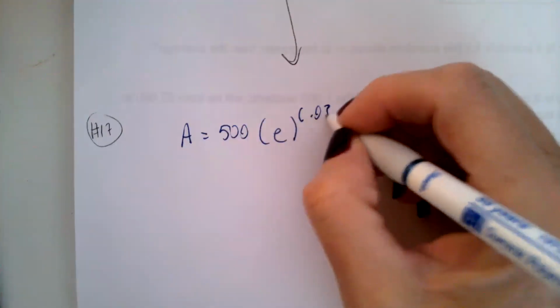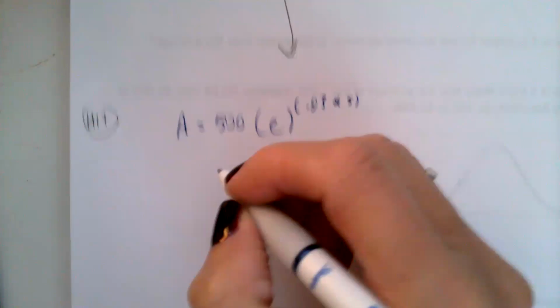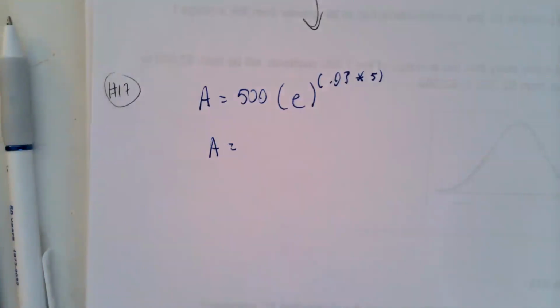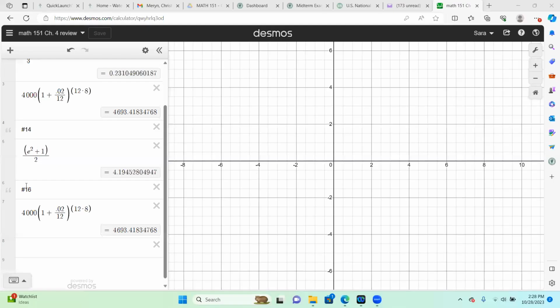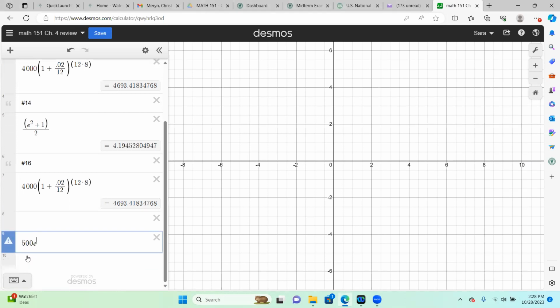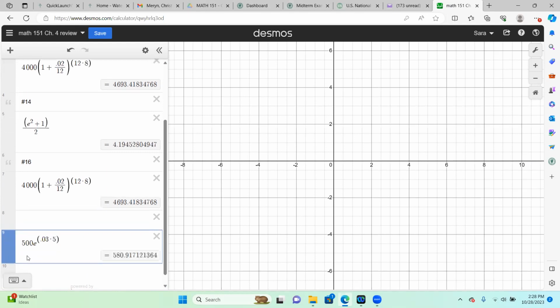So 0.03 times 5 years. Let's go ahead and put that in Desmos here and see what that is. $500 times e to the 0.03 times 5. It looks like after 5 years, we would have $580.92.